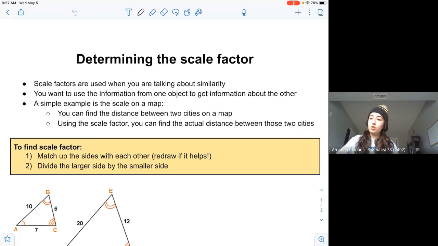So scale factors, this is the fun term that we're using. Scale factors are used when you are talking about similarity, okay? They tell us how much bigger or how much smaller the second item is.